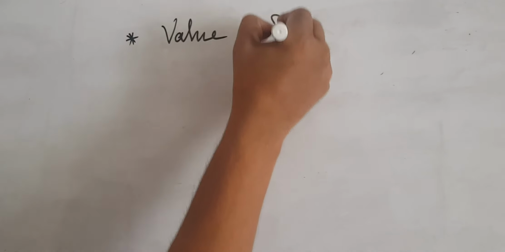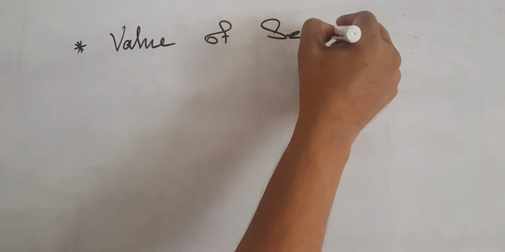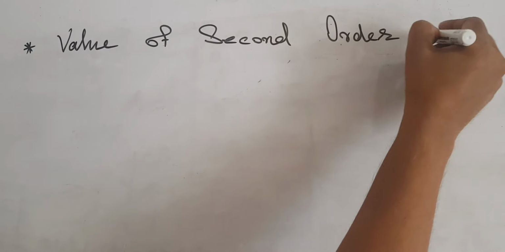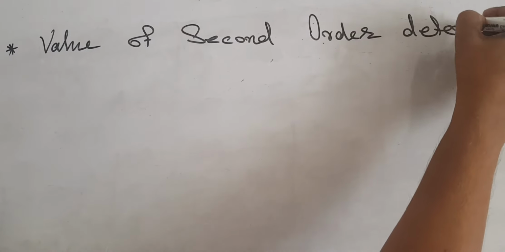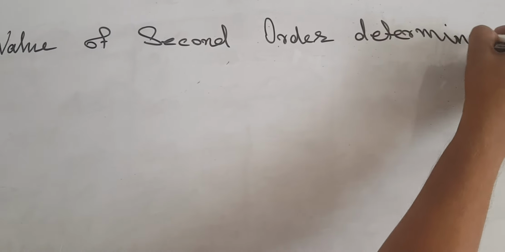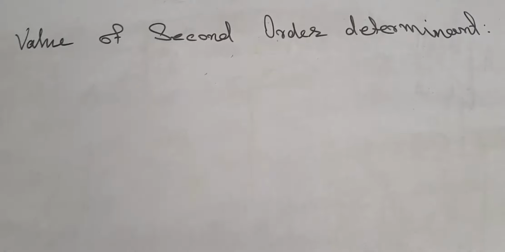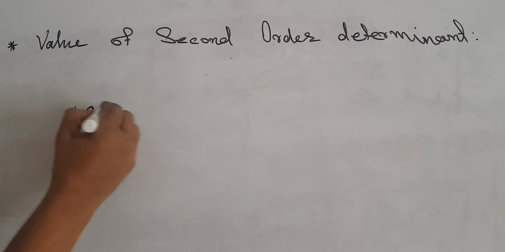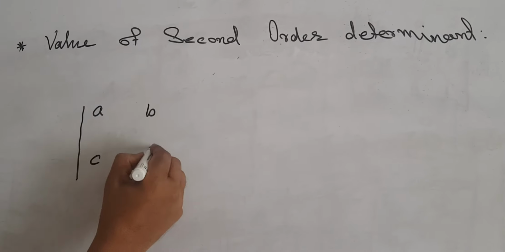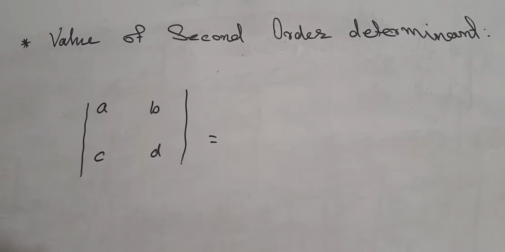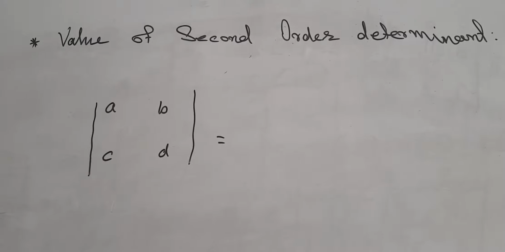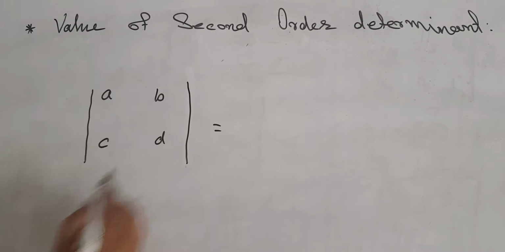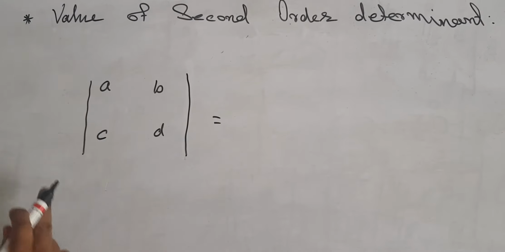Value of a second order determinant. If you are given a second order determinant A, B, C, D, the value of a second order determinant is simply cross multiplication.